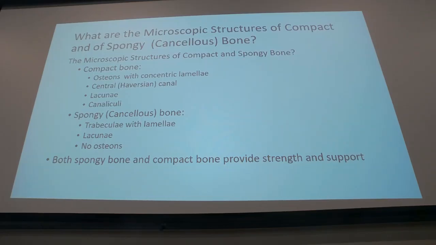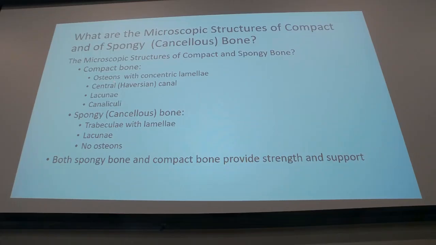So now the microscopic structures of compact and spongy bone. Another name for spongy bone is cancellous. For compact bone, we have the functional and structural unit, which is called the osteon.